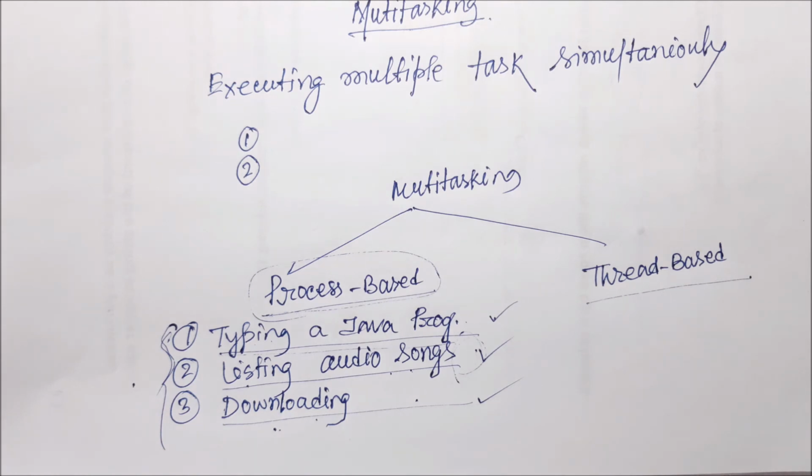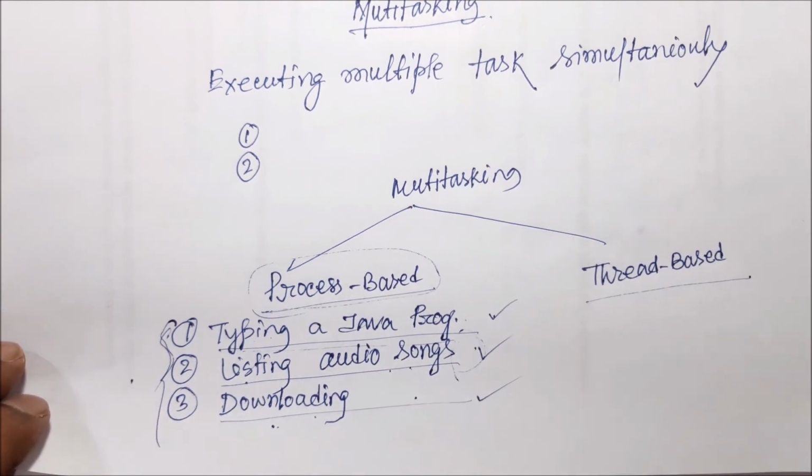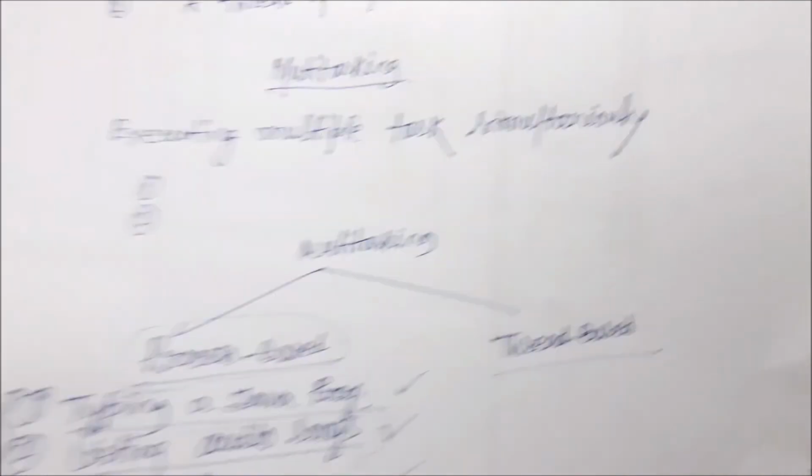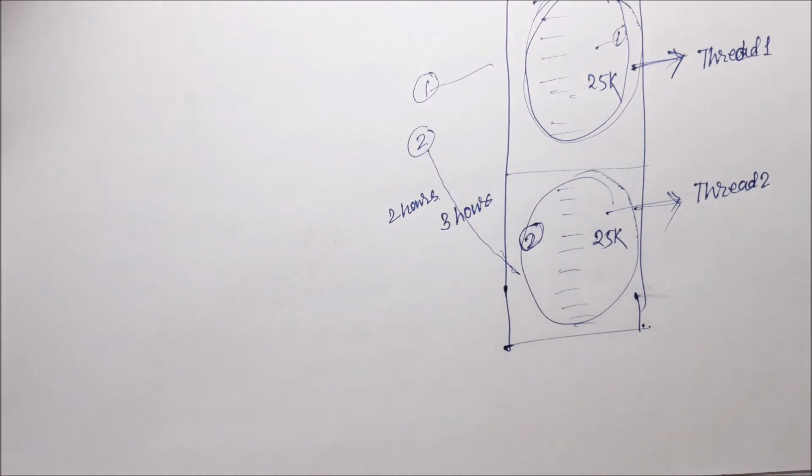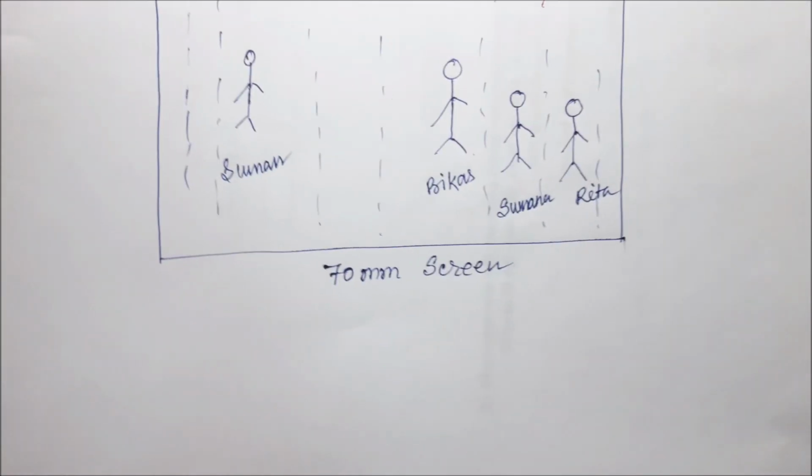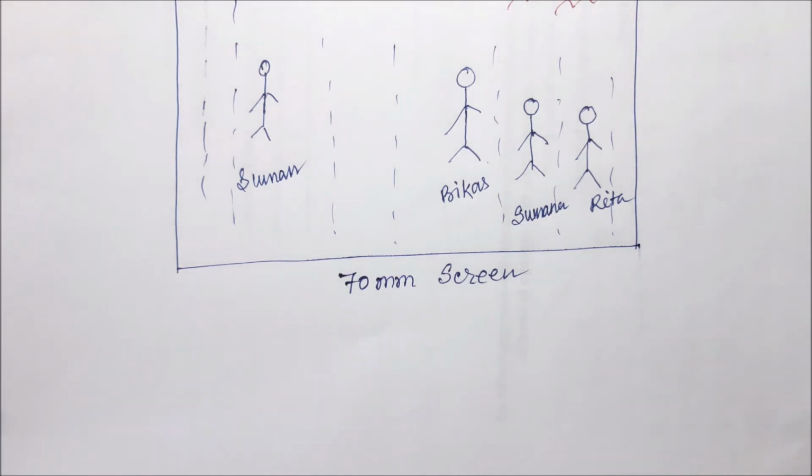So, the multitasking concept is, I think, clear now. If you do not understand, I am giving another real life example so you can understand what multitasking means. Multitasking means executing multiple tasks simultaneously. For example, suppose we are watching a movie on a 70 mm screen.